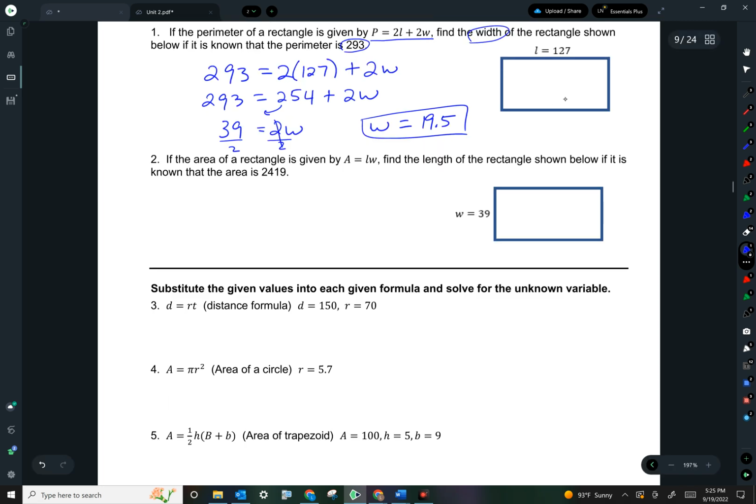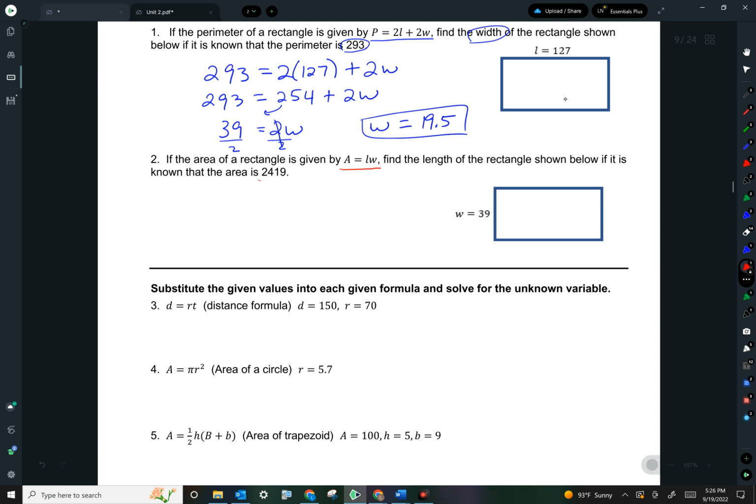If you look down at number 2, it says suppose that the area is given by the formula area equals length times width. So it says find the length of the rectangle if it's known that the area is 2,419.